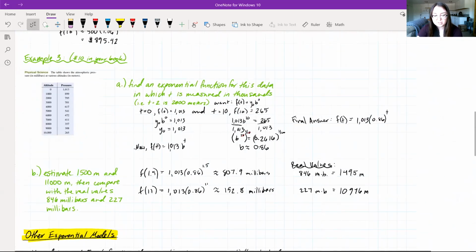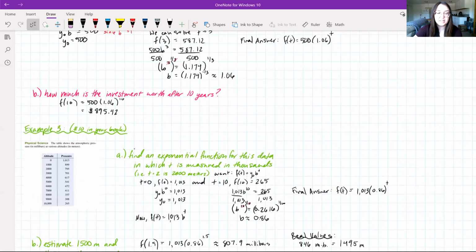So we can see that our equation is fairly accurate.